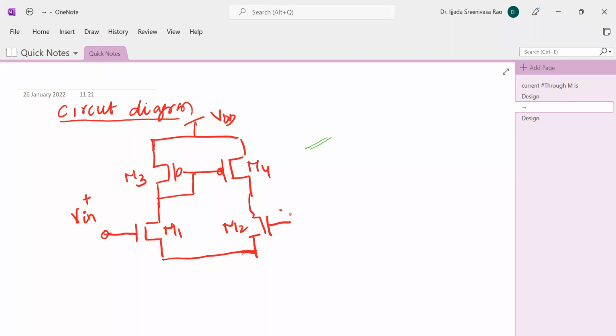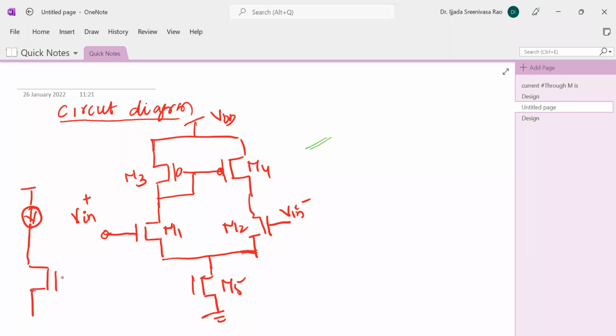This is Vin minus. There is a tail current source which can be designed with a current-source transistor M5. The biasing voltage for this M5 is set by one current source and the M8 transistor. This current source is I0.